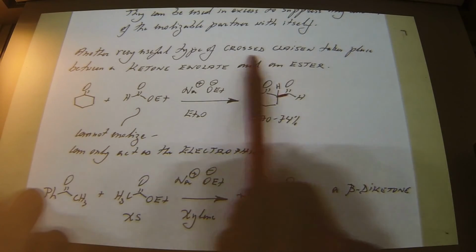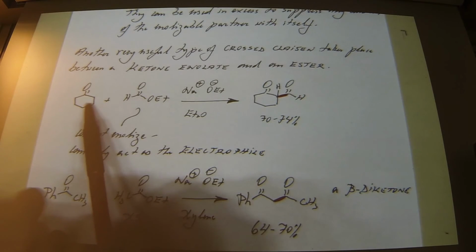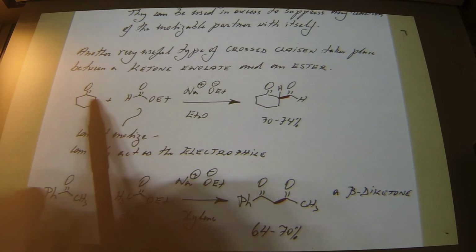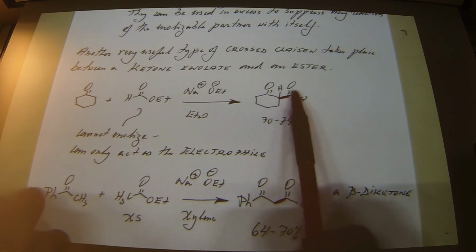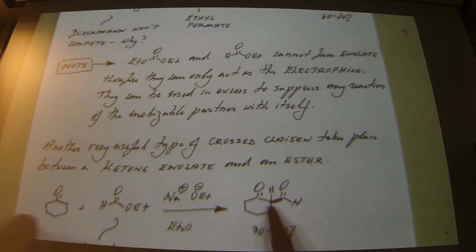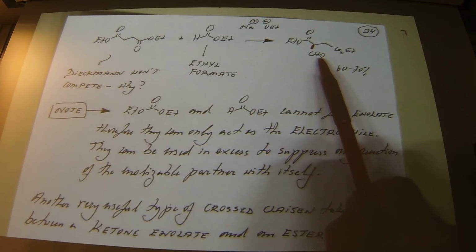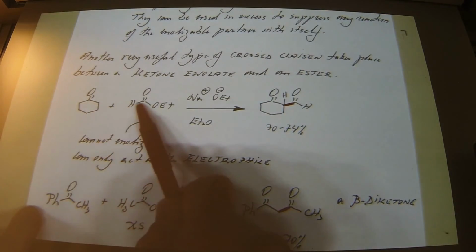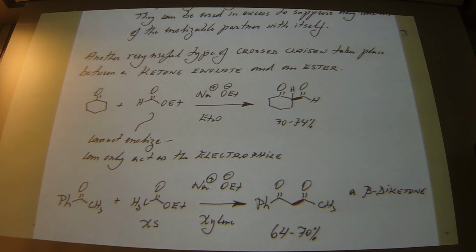So this is a cross-Claisen, but it's not the same because it's an ester and a ketone. This one can't enolize. It only acts as the electrophile. This enolizes, and so guess what? We end up transferring the formyl group out to the carbonyl. So this reaction and this one are essentially the same, it's just the enolate is different. Here you have an ester enolate, here you have a ketone enolate reacting with that carbonyl.